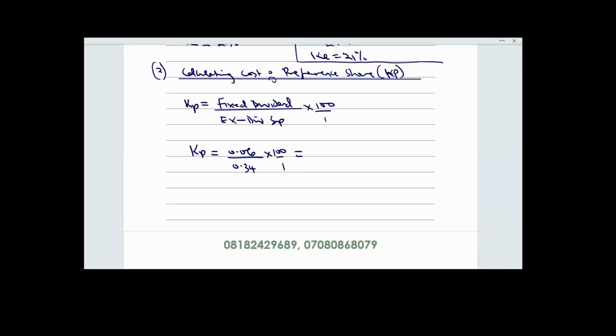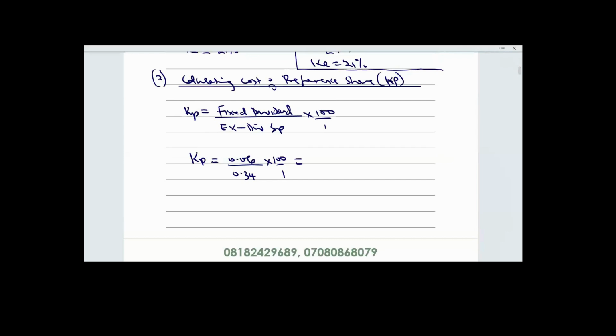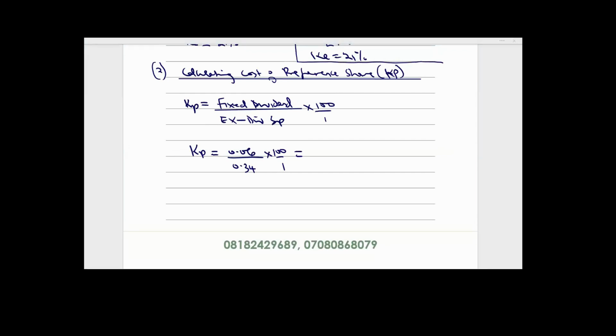So 6 divided by 34, multiplied by 100. That's 17.65%, approximately 18%. So cost of irredeemable preference share is approximately 18%.